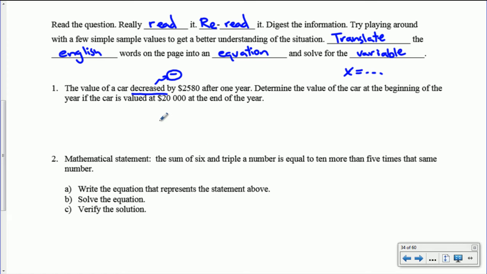So if you wanted to translate that into an equation, what is it that we're trying to find in this question? So maybe take a moment. So it is the value of the car at the beginning of the year. So it's the original price. So what I'll do is I'll let x be the original value.